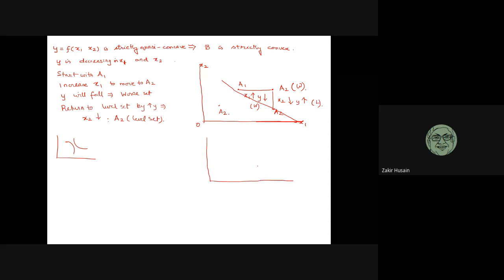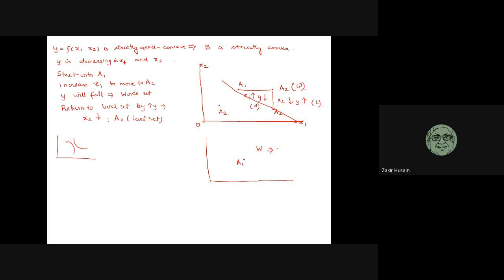If I have a level set like this, the worse set is over here. Therefore, where will the better set be? If any point over here is worse off, below the level set is the better one.